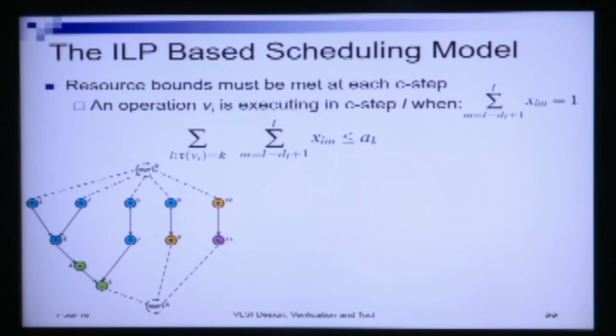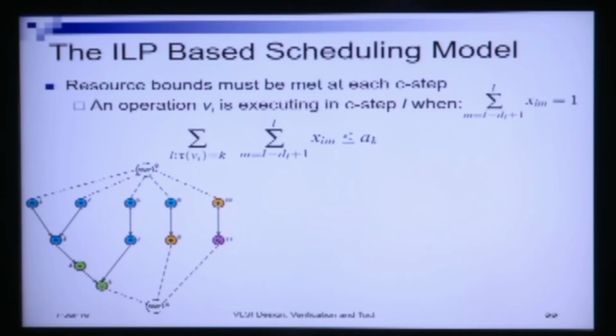An operation Vi is executing in C step L. When is it executing in a certain C step or a current time step L? When the operation has started at most Di time steps earlier. So, if Di is the delay or propagation delay of the ith operation, and if this ith operation is executing at the current time step, it must have started at most Di time steps earlier. It cannot start earlier than this.